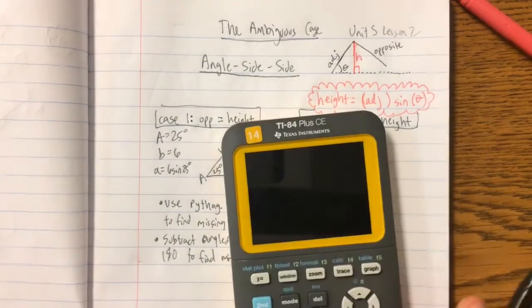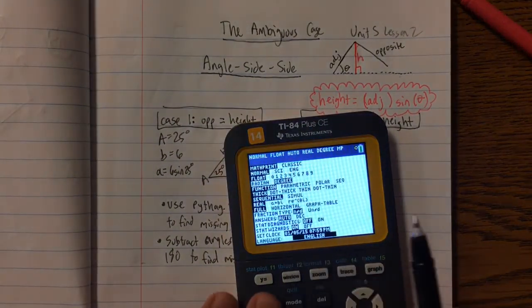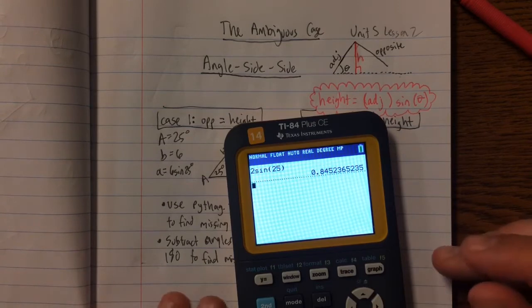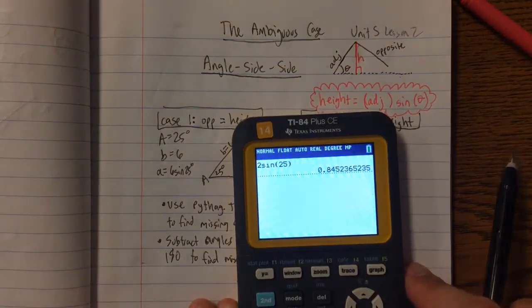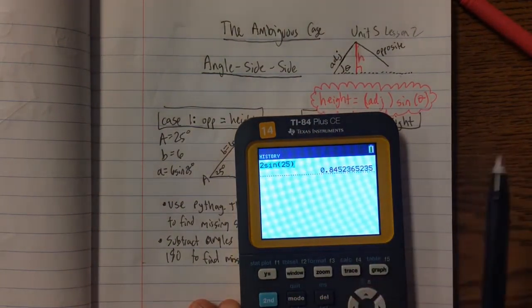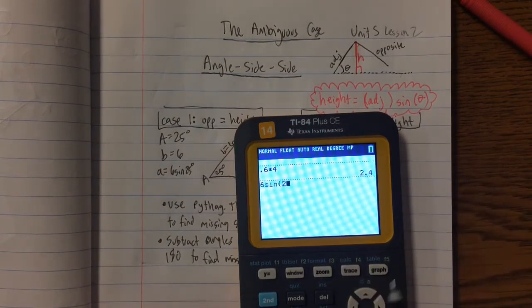Let's see, 6 times sine of 25 would be about 0.8. Is that right? Hold up here. That doesn't sound right at all. 6 times the sine of 25.